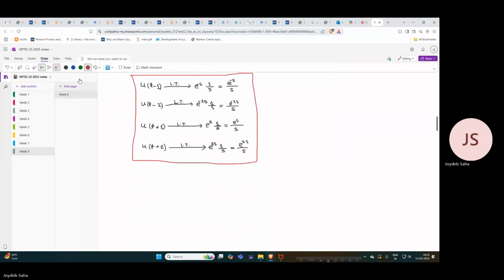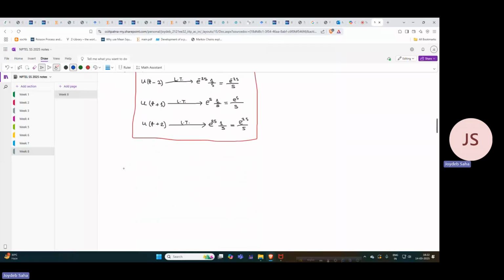Okay, so the next problem is question number 4. Find the Laplace transform of e to the power minus at times u(t).